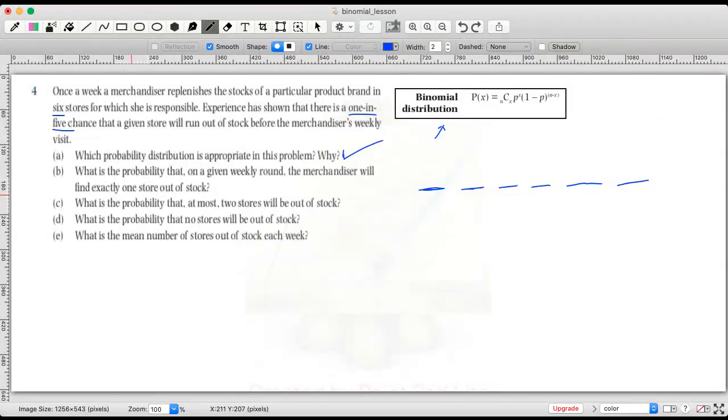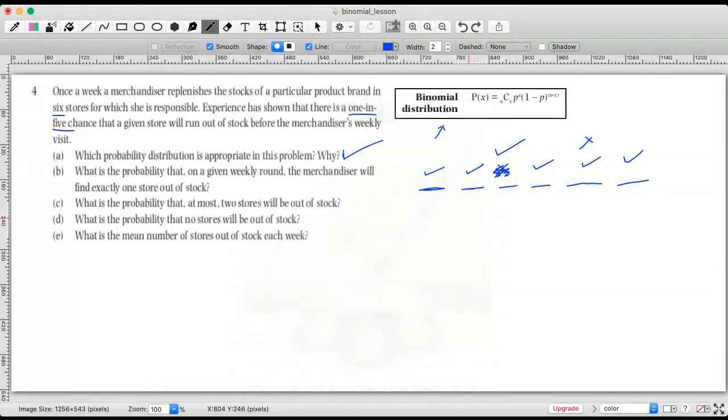What they're asking is, what is the probability that 1 store would be out of stock? For instance, this store could be out of stock and the rest could have stock, or it could be this one. It doesn't matter which one, all we're interested in is one of these stores being out of stock.